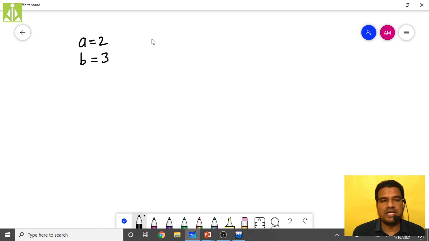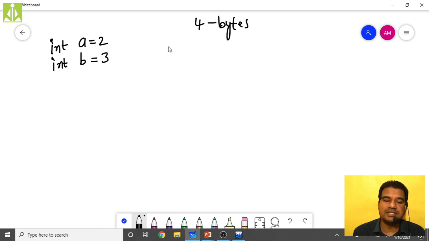This operation is applicable for 32 bits, because when you are storing a value in an integer variable, how many bytes will it take? 4 bytes of memory if it is a 32-bit compiler, and if it is a 16-bit compiler, it will take only 2 bytes.